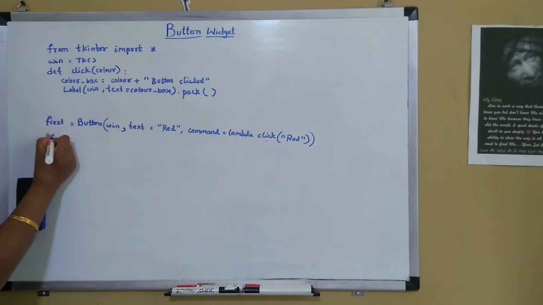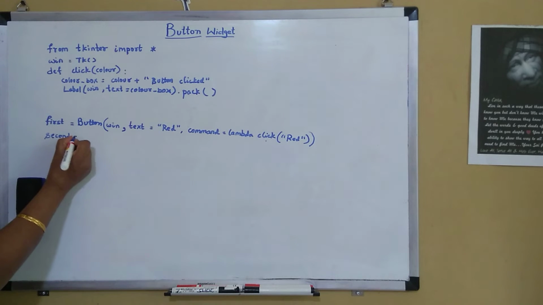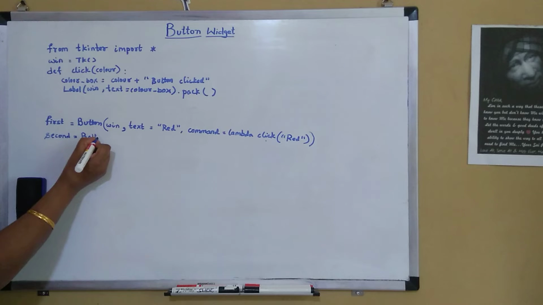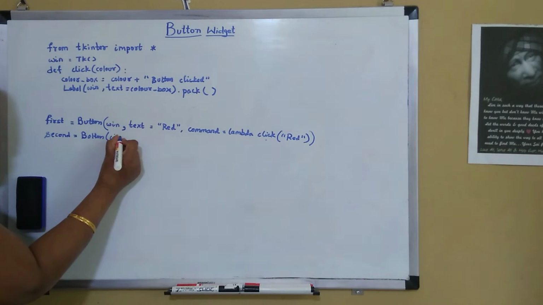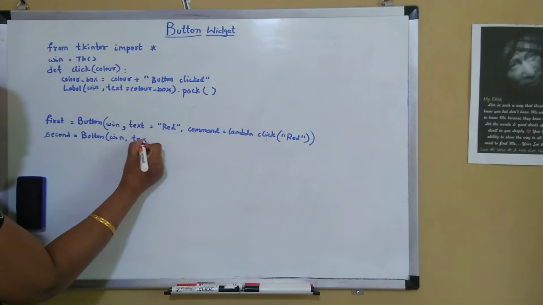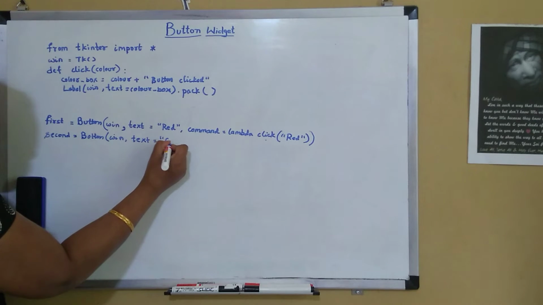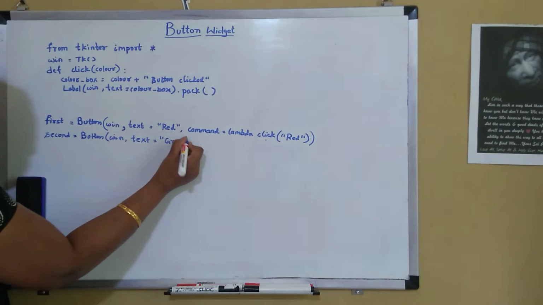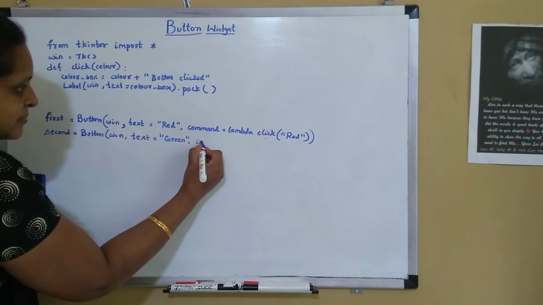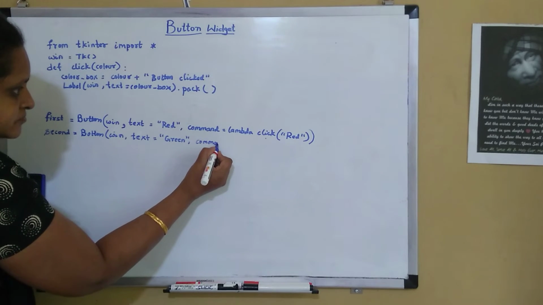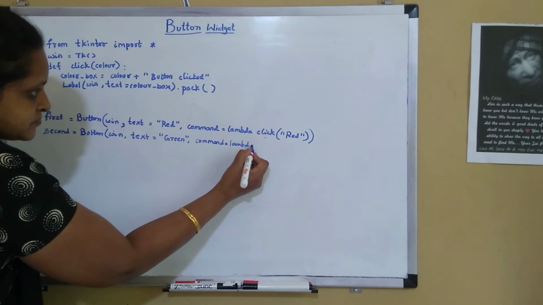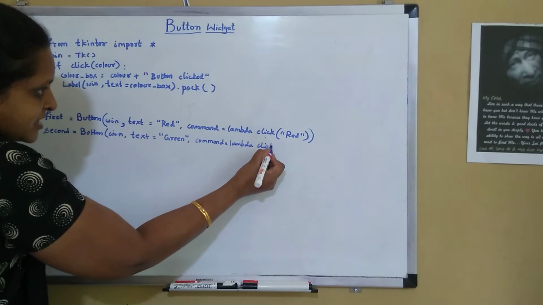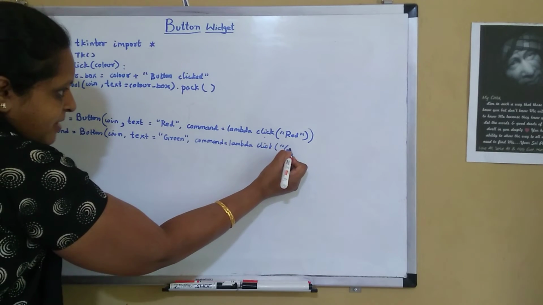So now let me say my second button is equal to Button, win, text equal to green, and command equal to lambda, same function click, but I am passing green as the parameter.